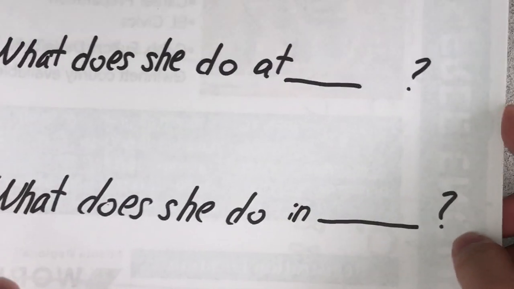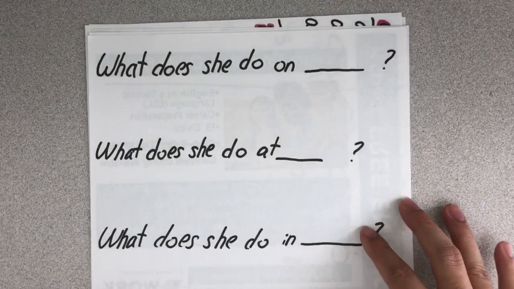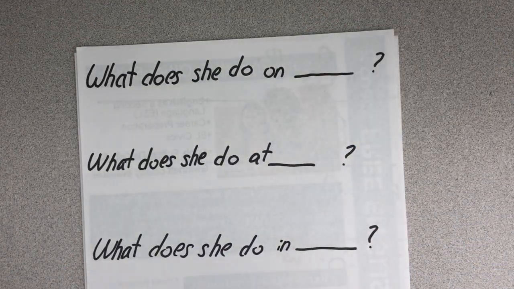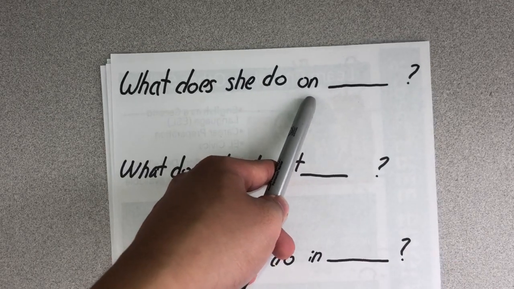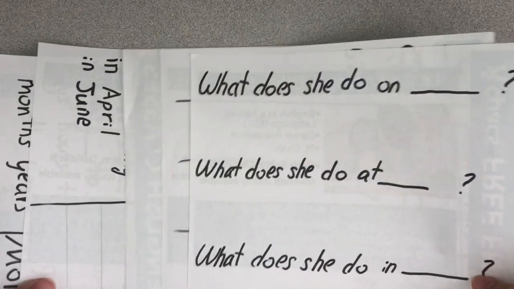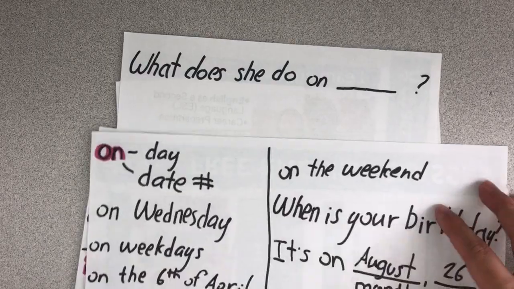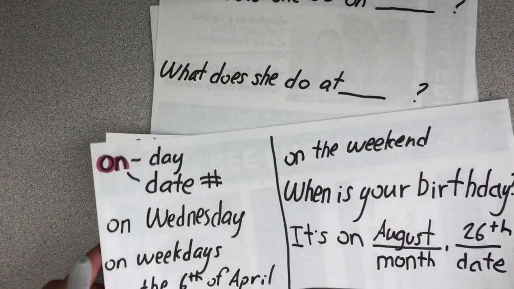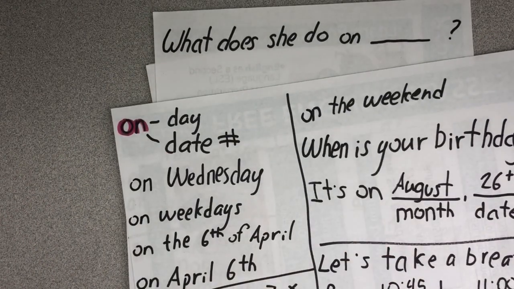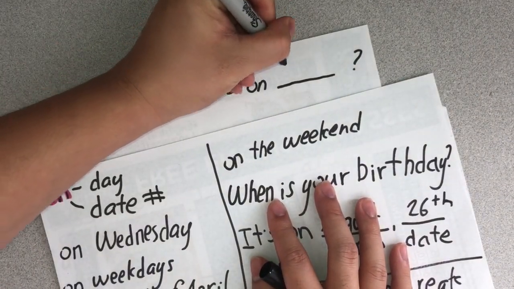Now let's get some more practice. What does she do on? The word on. Okay, what does she do on? We know on is for day or date. So let's say, what does she do on Sunday?